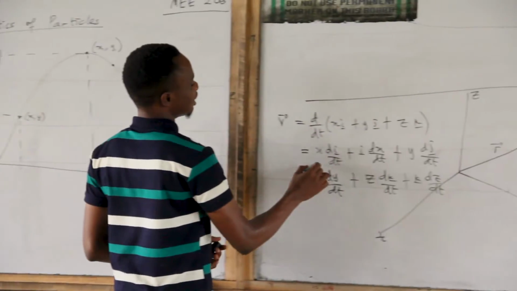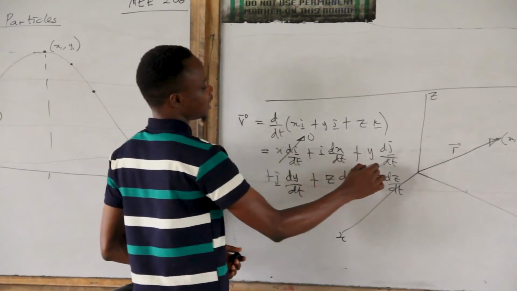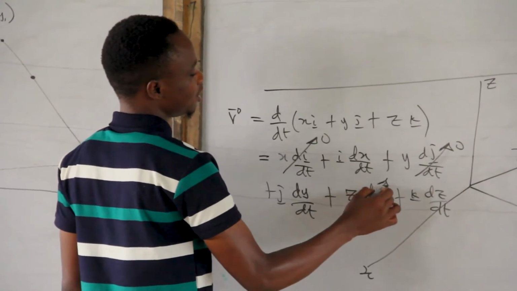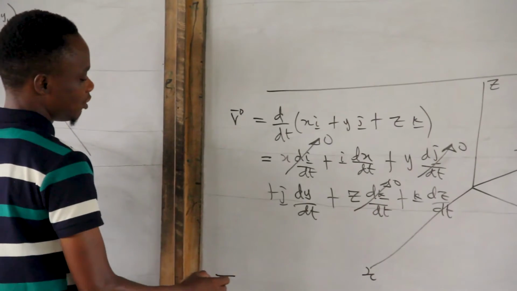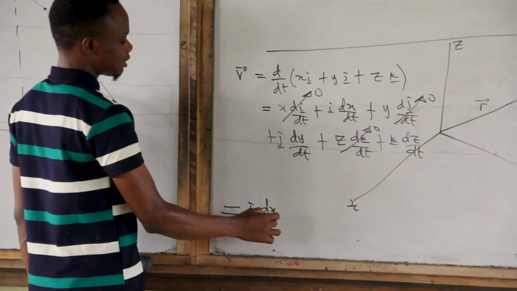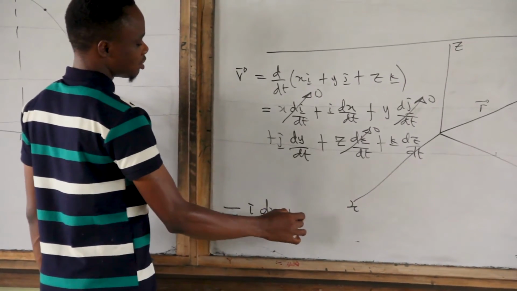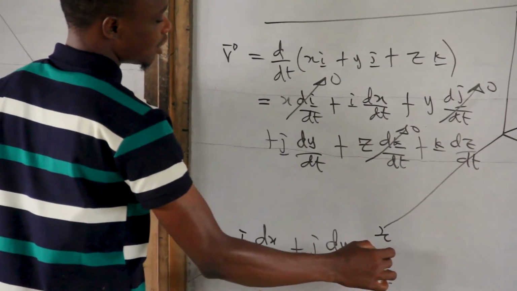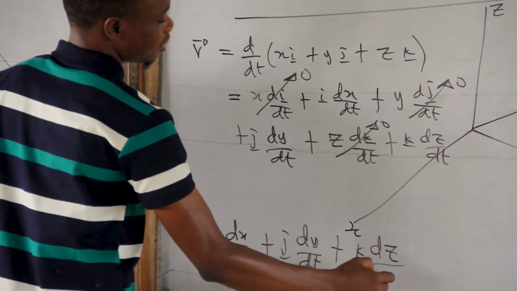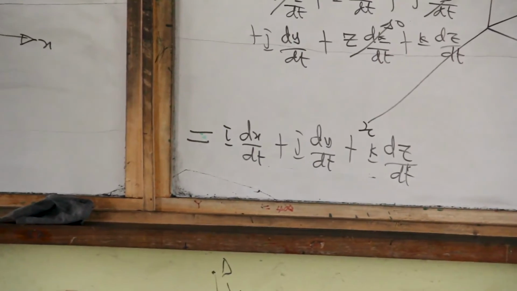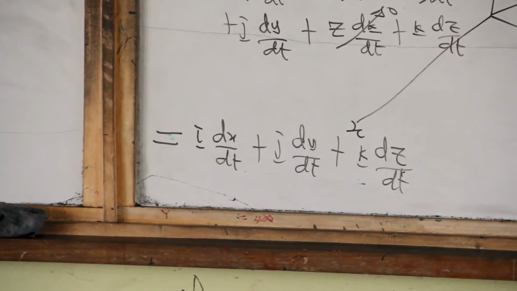Because the vector is a constant, I know that the derivative of a constant is 0. So because of that, this will be 0, and this will also be 0. That is why we write, and correctly so, i dx/dt plus j dy/dt plus k dz/dt for the velocity. Does it make sense to you at all? Alright, so that's why we can write velocity that way and say it is correct.